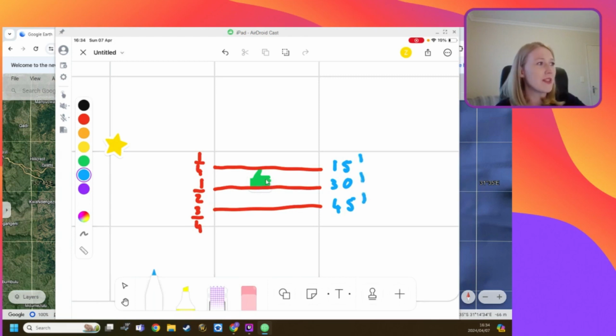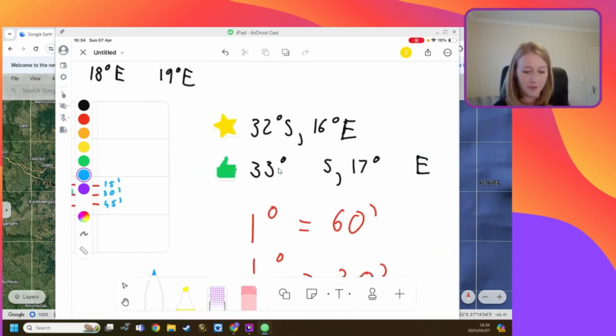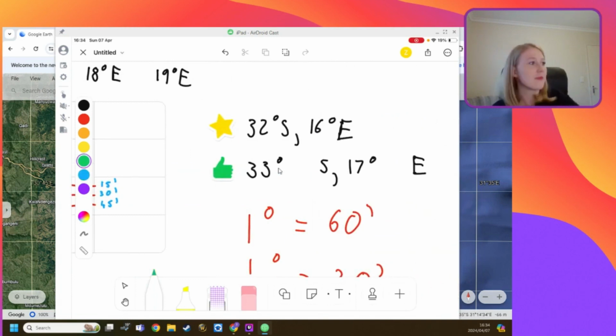So the thumb is somewhere between the 15 and the 30, and I'm going to call it 25 minutes. Right over here, next to the 33 degrees south, I'm putting minutes. Okay, so far, so good.